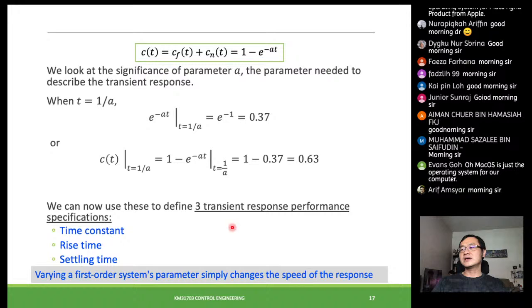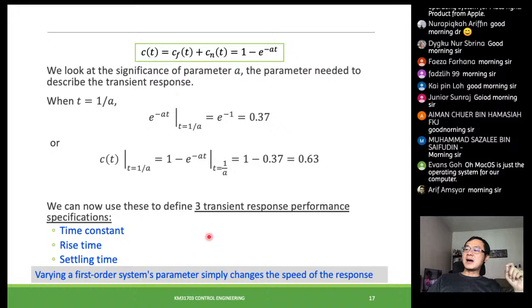Okay, so remember this equation, 1 minus e to the power of minus at, is a first order system's response, and we would want to know what is the time constant, rise time, and settling time, right?